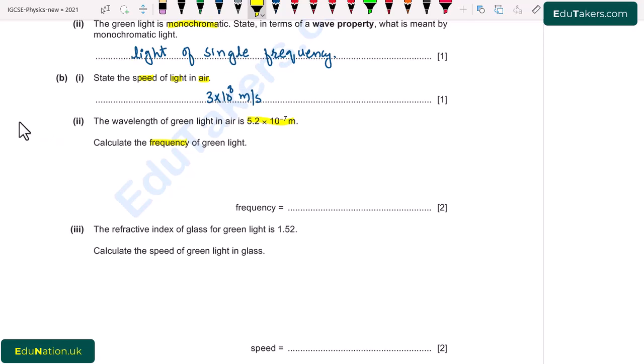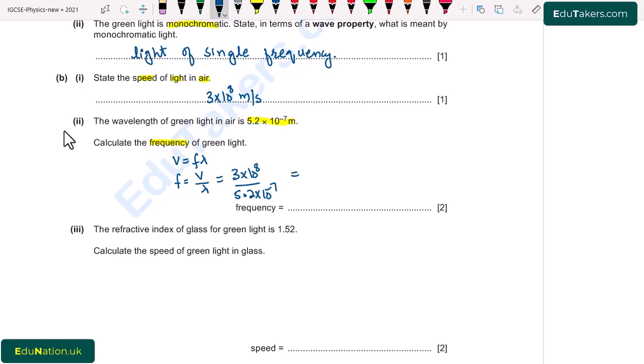So I write here, we know that V is equal to F lambda. From this relation, we can easily calculate the frequency. F is equal to V over lambda. The speed is 3 into 10 to the power 8 and the wavelength is given as 5.2 into 10 to the power minus 7.